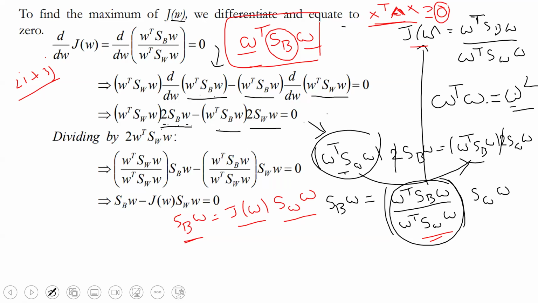It cannot be a vector or a complex number. We already studied that, so this is a scalar value, this is a scalar value. So J of W would be a scalar value in total, right? J of W will be just a number.